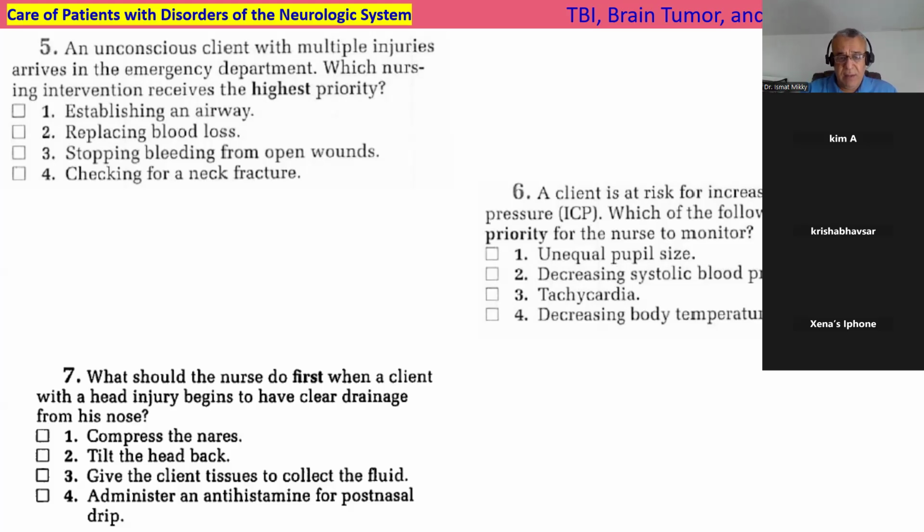Number 7. What should the nurse do first when a client with a head injury begins to have clear drainage from his nose? Remember the halo sign? The clear drainage must be analyzed to determine whether the nasal drainage is CSF or not. So the halo test should be done.